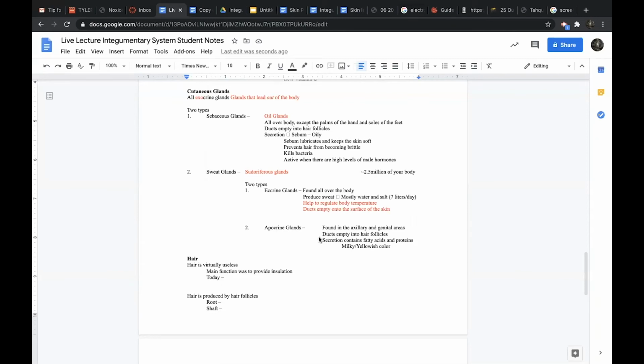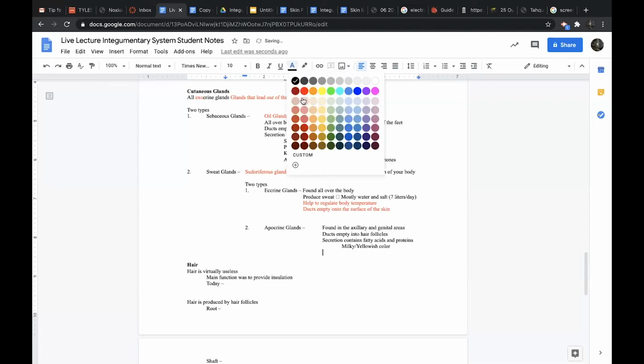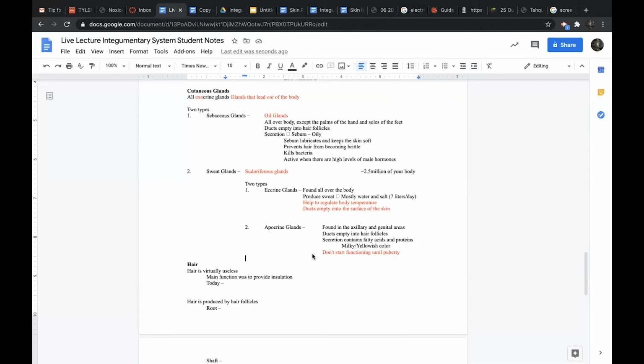So if you remember, the axillary areas, your armpits, those ducts empty into hair follicles. The secretion contains fatty acids and proteins. They're milky yellowish in color. Okay, and these types of glands also don't start functioning until puberty.